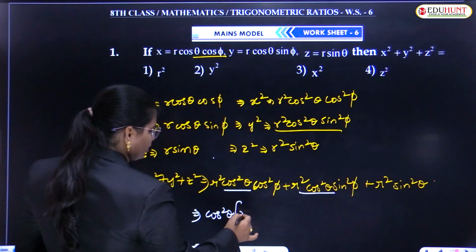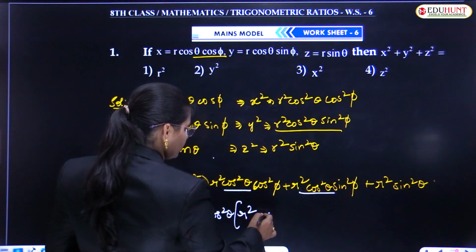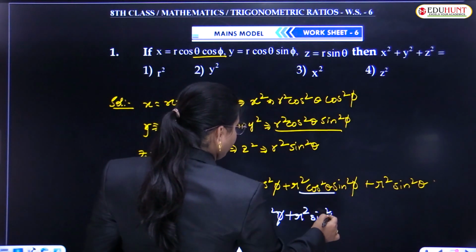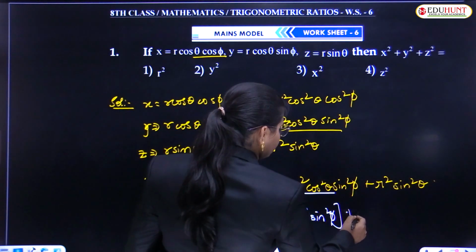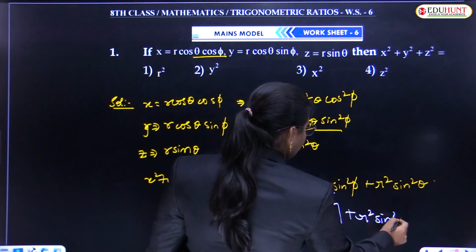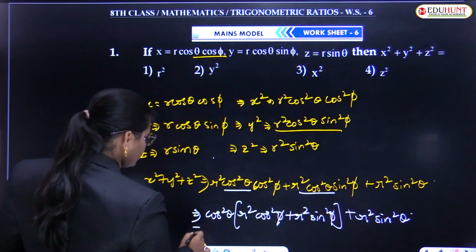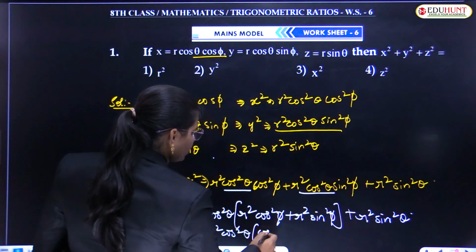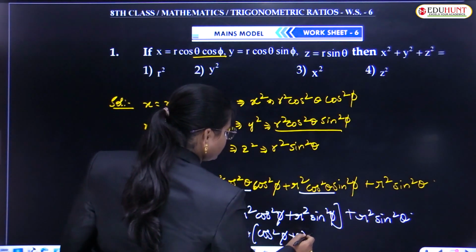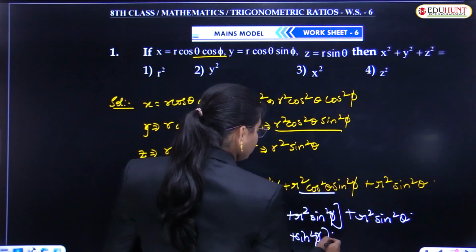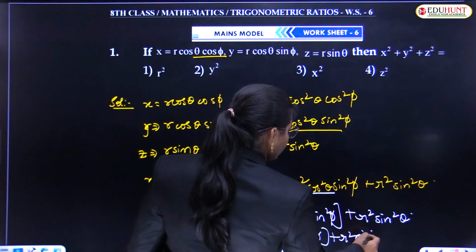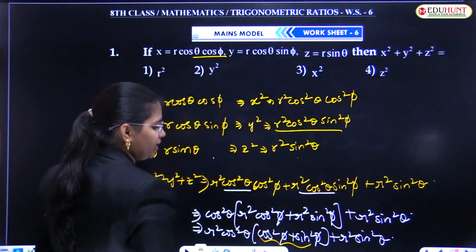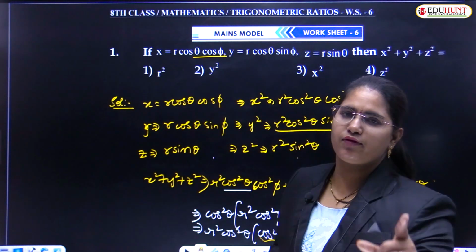Taking cos square theta common, we get r square cos square theta into the bracket cos square phi plus sin square phi, and then as usual r square sin square theta. From both of these we can also take r square as common. Now in place of cos square phi plus sin square phi, we can use the identity, whose value is 1.